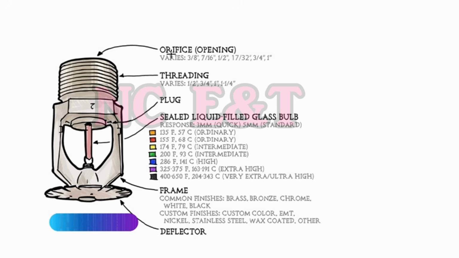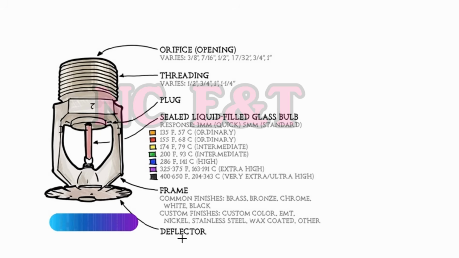It is the orifice. This is the threaded portion that goes inside the fire piping. It is the plug, and it is a sealed liquid-filled glass bulb, and there are different colors of liquids corresponding to different hazard classes and different temperatures.